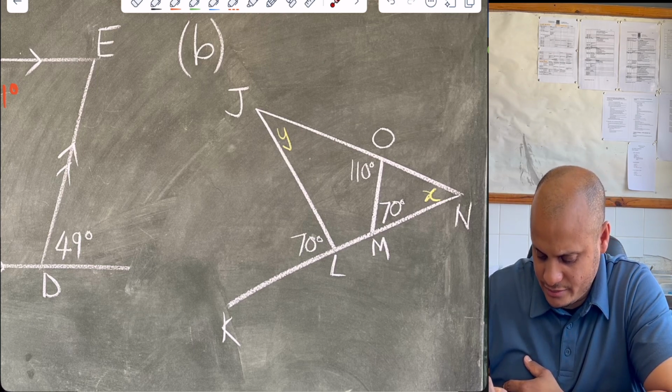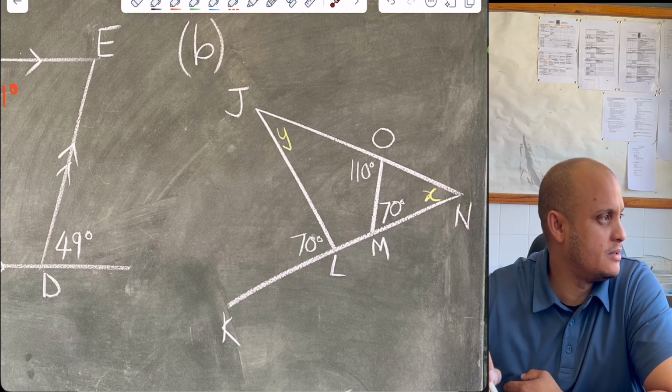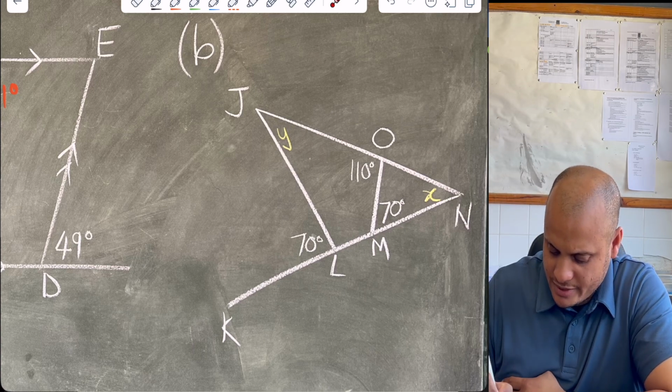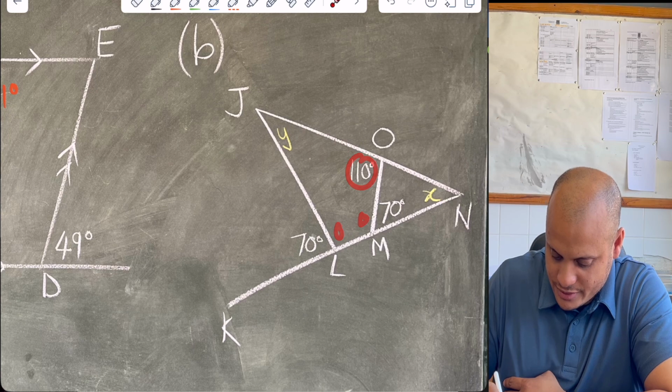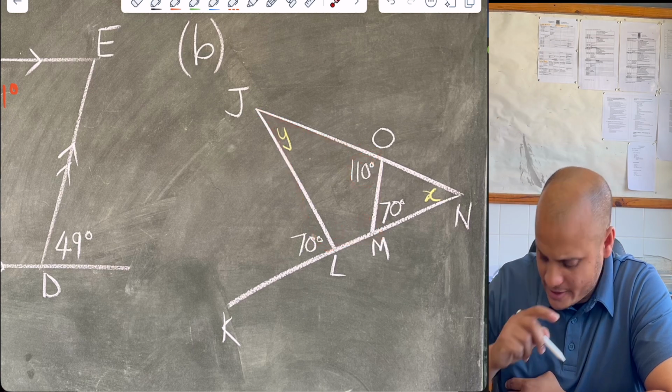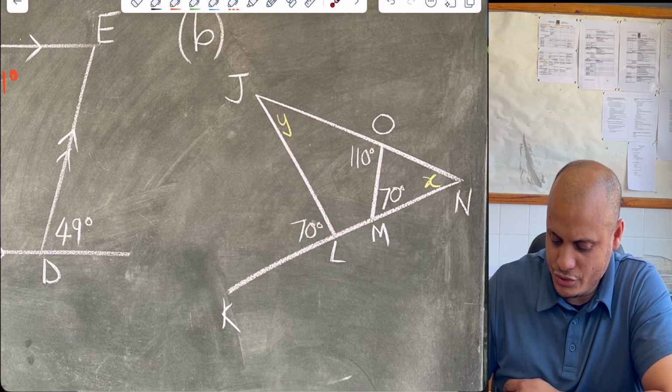There are no quadrilaterals here with properties that can help us. Although you could, and that would probably be a longer way of doing things, find the value of this angle here and here, and then you would have three angles of this quadrilateral, and you could find Y. Or perhaps there is a shorter way, so we'll have a look at that now.